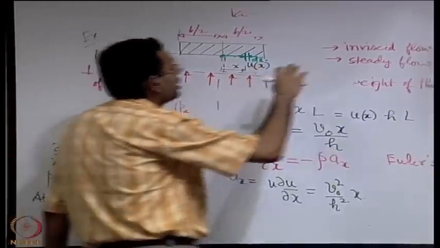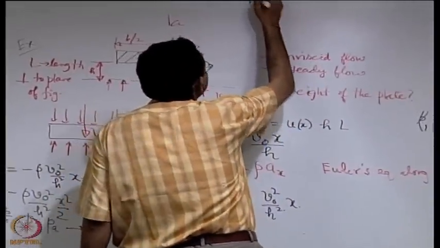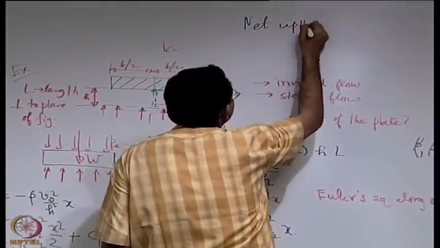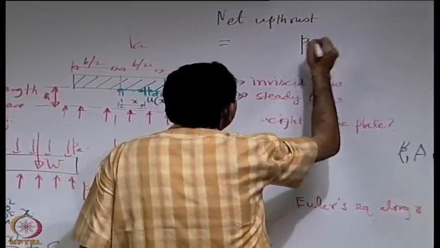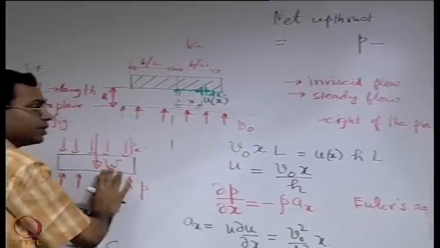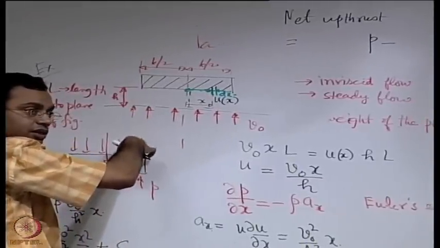So what is the net upthrust? That is p upwards from the bottom, p atmosphere from the top.